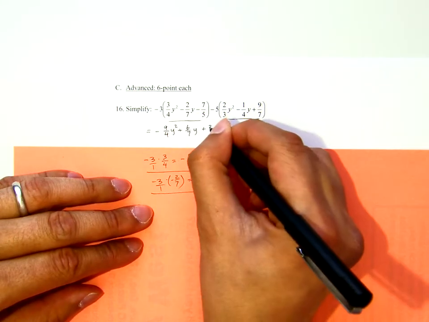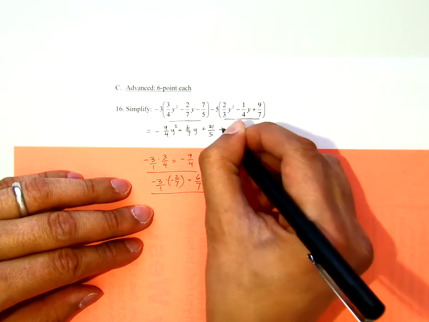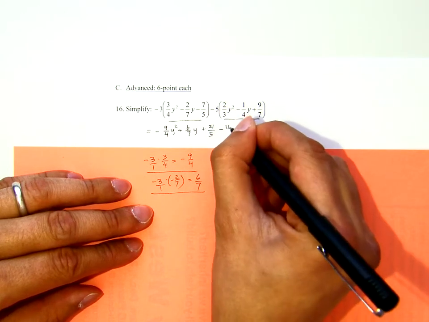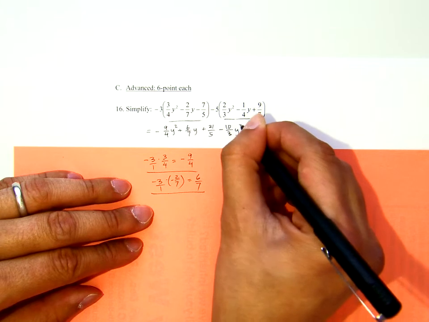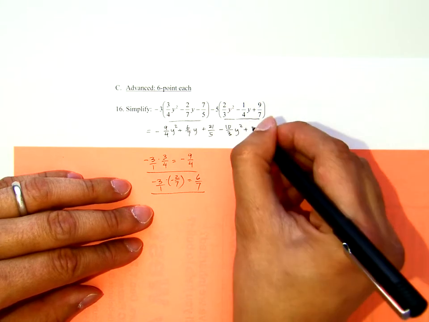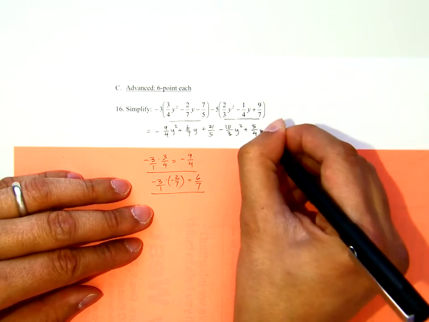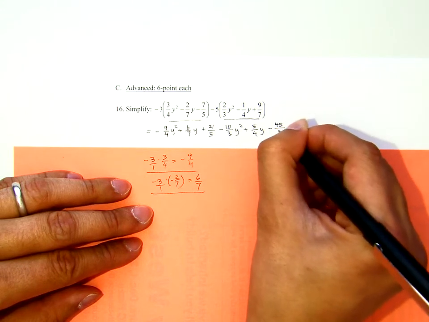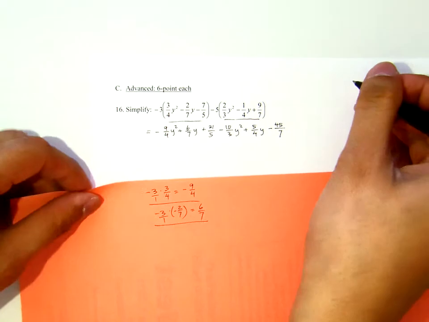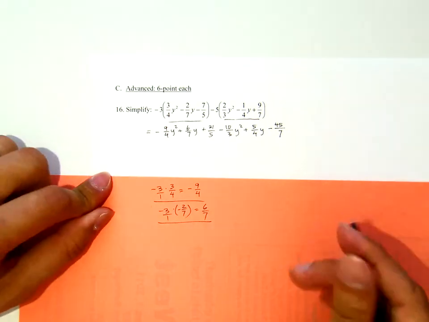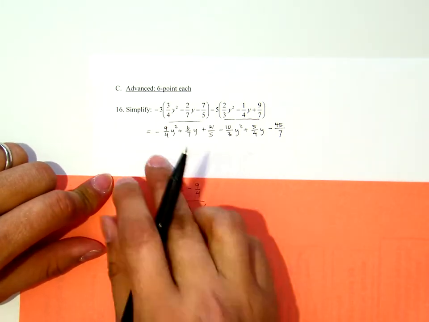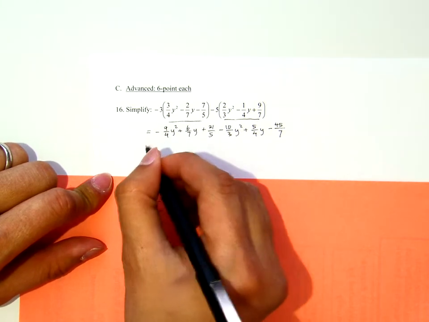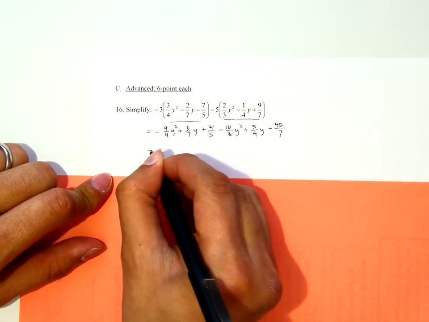This is plus 21 over 5, and then minus, this is minus 10 over 3y squared, plus 5 over 4y, minus 45 over 7. Okay? Now, what I will do next, I will combine like terms. But before I combine like terms, this is what I think I will do first.